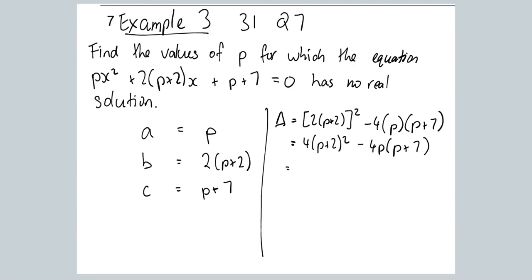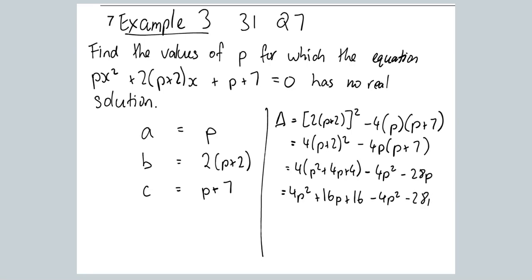I'll now start expanding, and I'll have 4(p squared plus 4p plus 4). That's recognizing that it's a perfect square and using the pattern: square the first, square the last, and twice the product in the middle. And I'll also expand this bit here, minus 4p squared minus 28p. Okay, that's equal to 4p squared plus 16p plus 16 minus 4p squared minus 28p.